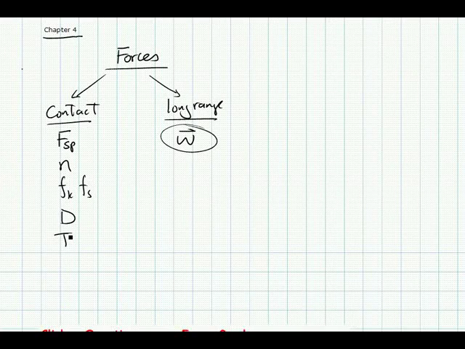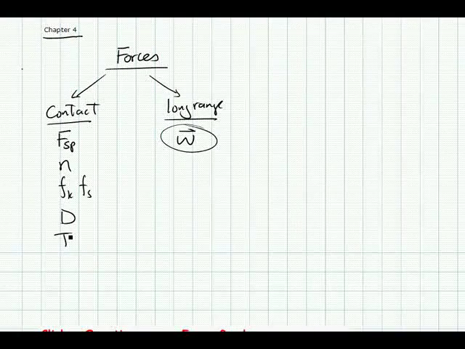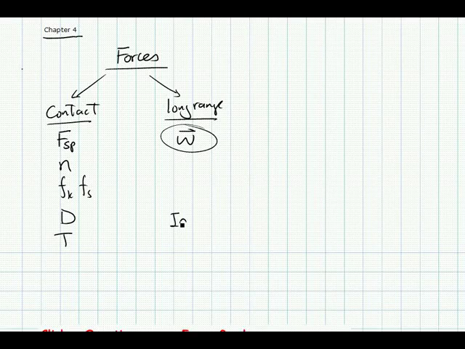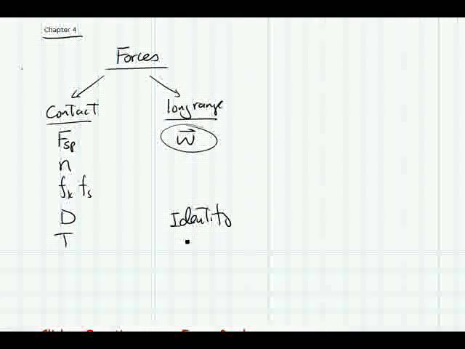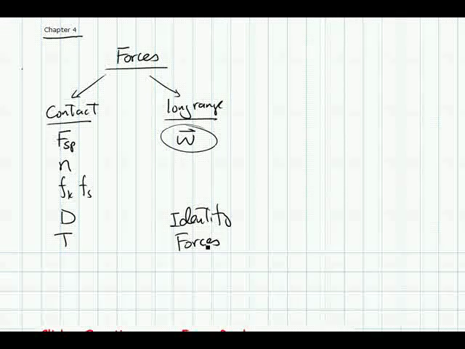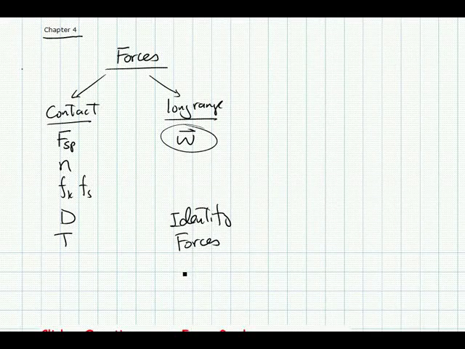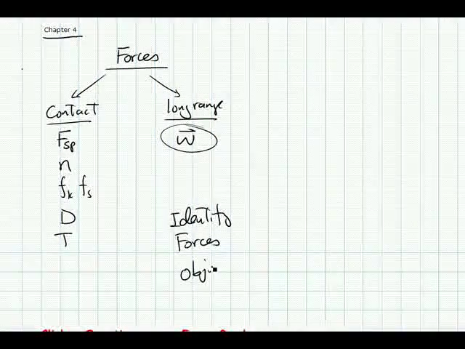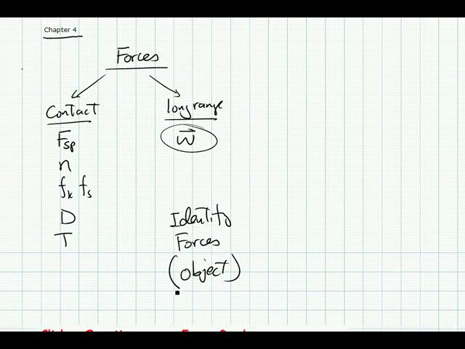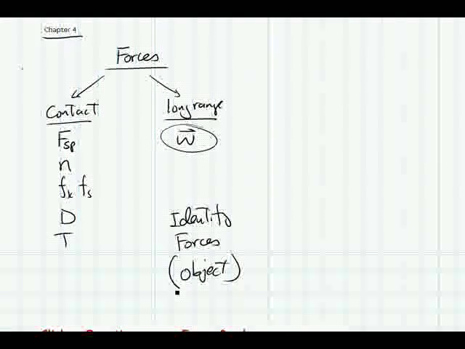So the process that we're going to follow is identify all the forces that are acting on our object. Now, you need to decide what your object is. You can only have one object at a time.